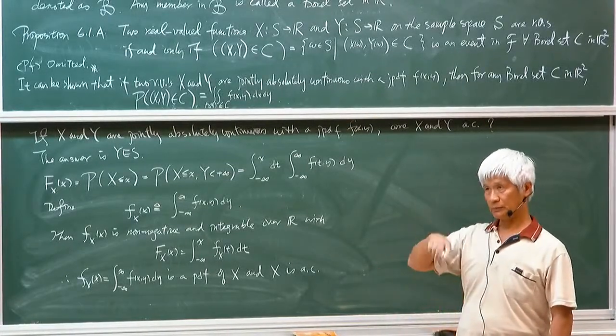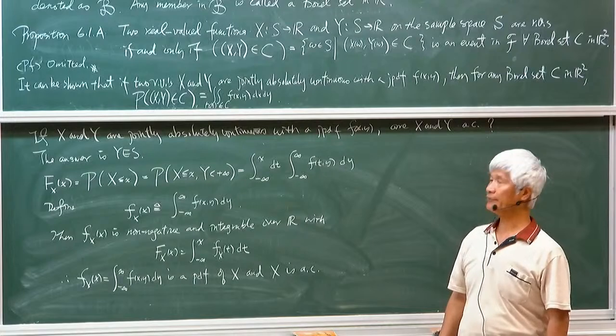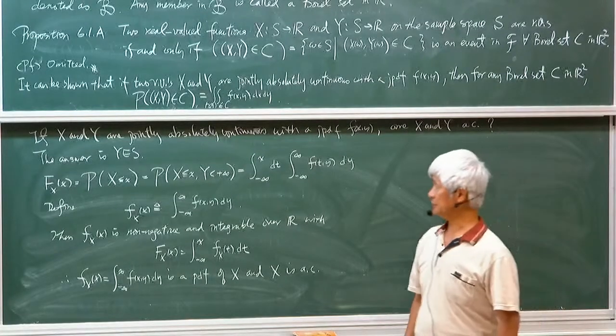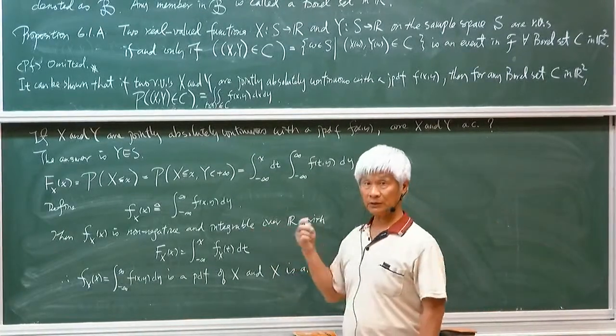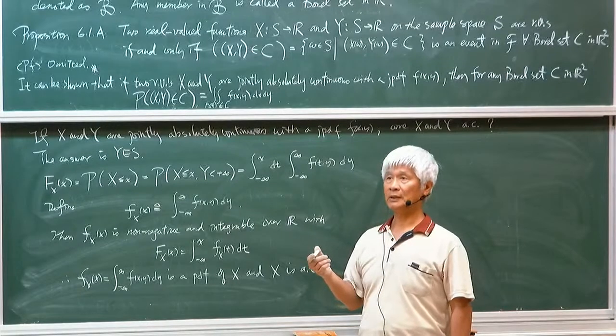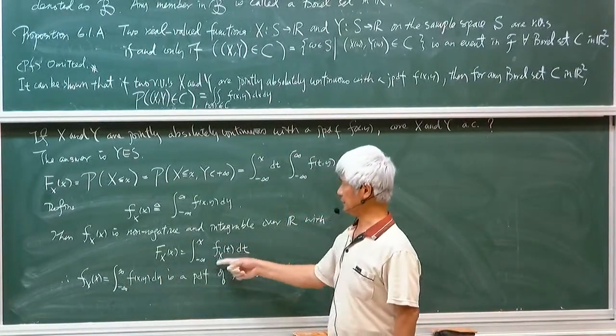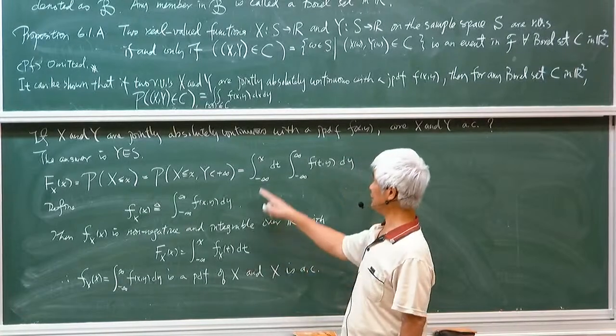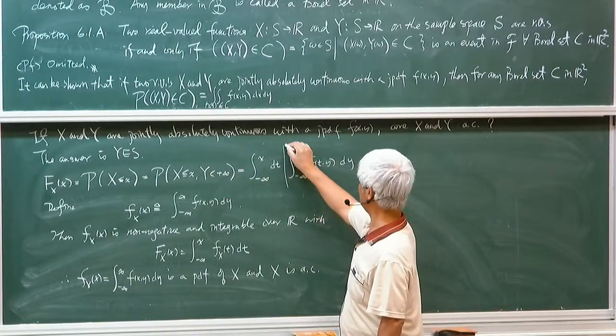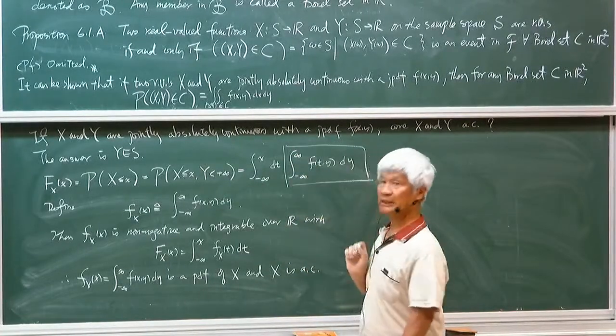As we know from chapter 5, to justify that a non-negative integrable function is a PDF, we just show that its CDF can be evaluated in this way. So we actually directly find a PDF.